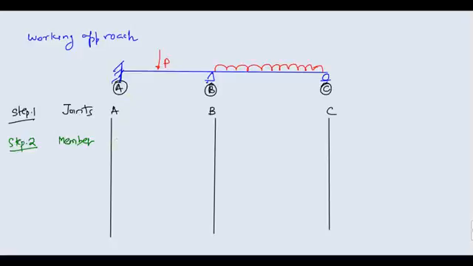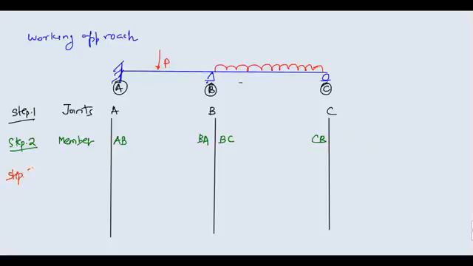This member here will be called AB, and this member from the B side will be called BA. Similarly, this member from the B side is called BC, and this member from here is called CB. This is how you have to work. Write the names of your members in the second step.